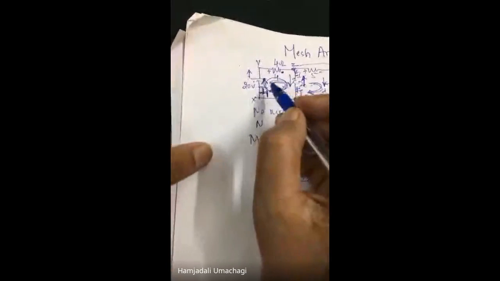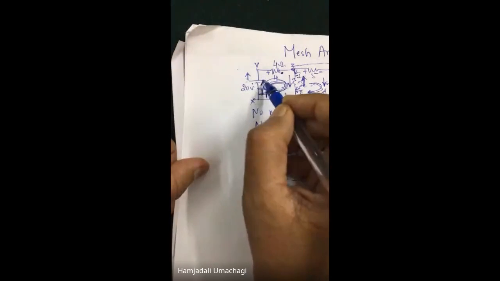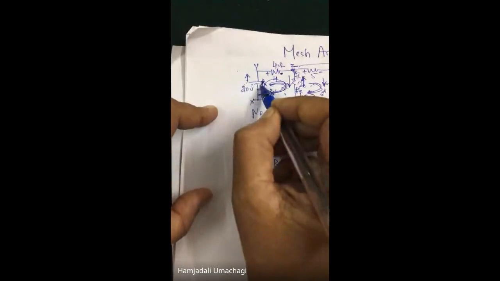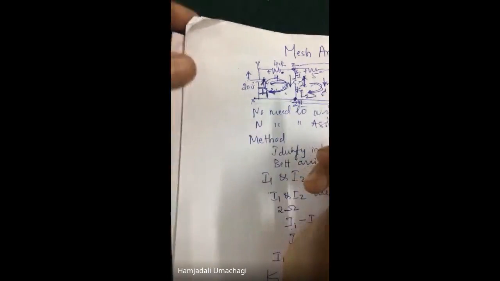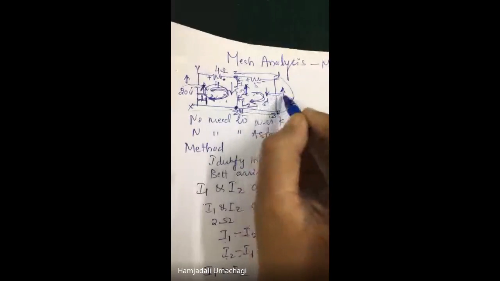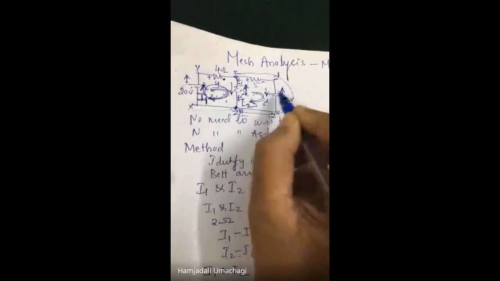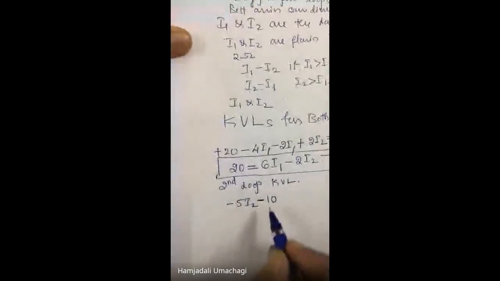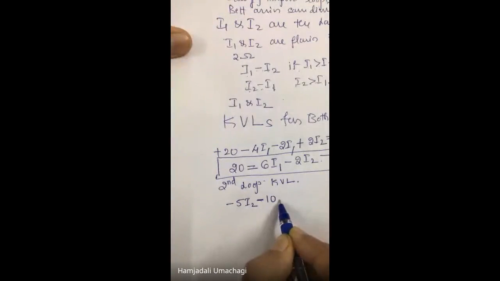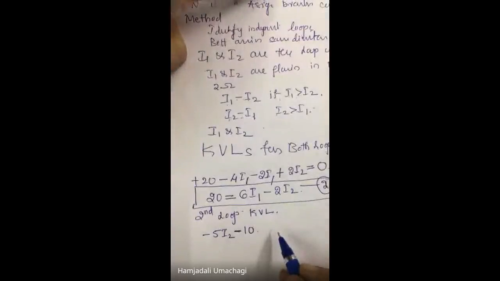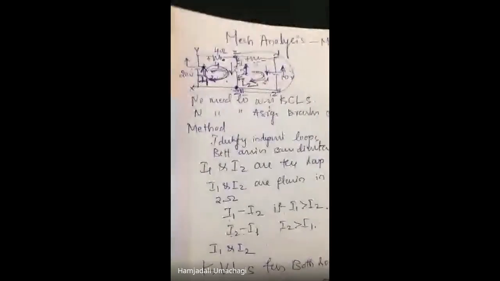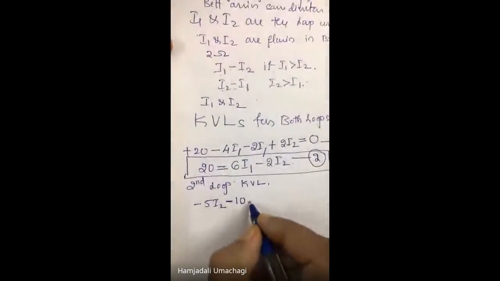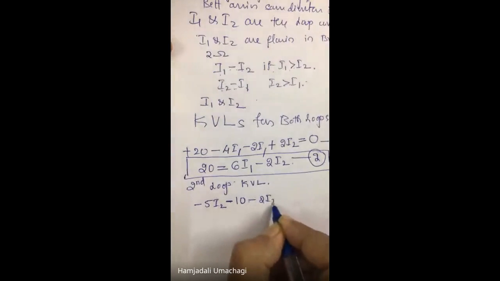In the previous loop, the loop current and source current were in the same direction, but here both are in opposite directions. Thus, we have to take a negative sign. Next, one more resistance is there, the 2 ohm resistor, that is minus 2I2.